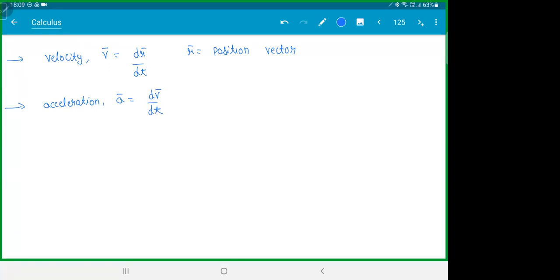So acceleration is dv by dt. This can also be written as v dv by dr, since this term becomes v.